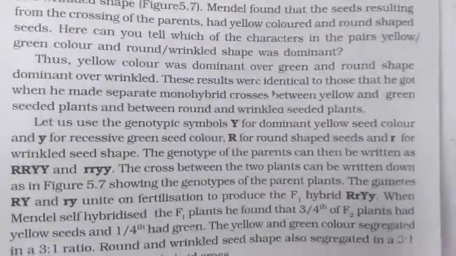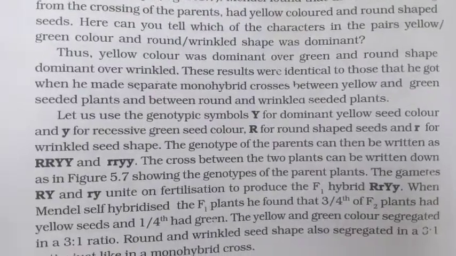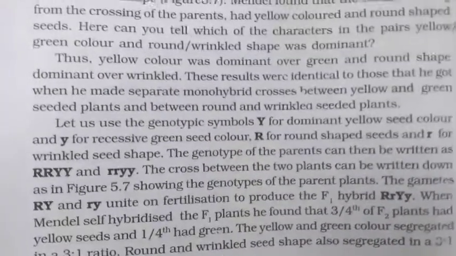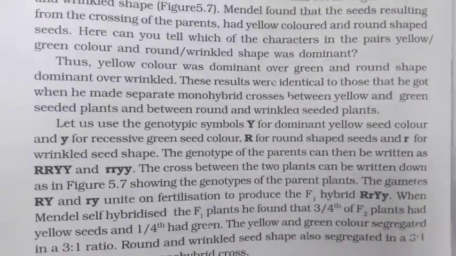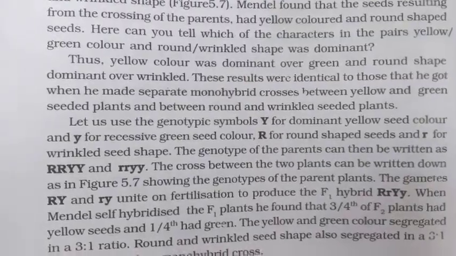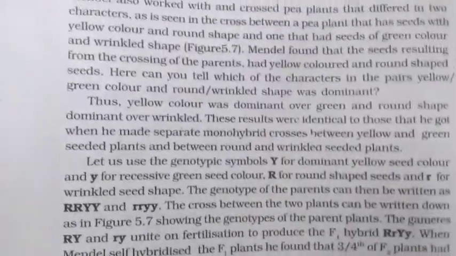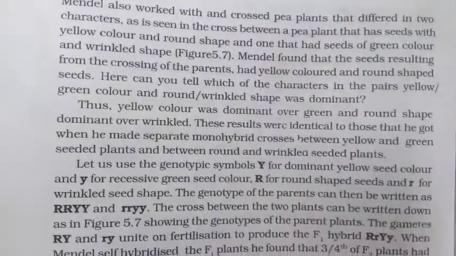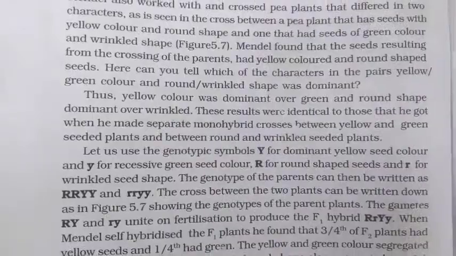These results were identical to those he got when he made separate monohybrid crosses between yellow and green seeded plants and between round and wrinkled seeded plants, studying the characters individually.